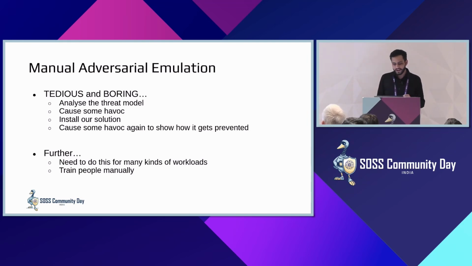And the next step would be to showcase. We would cause some havoc on the system, run some commands and break some stuff. And then we would install our solution, KubeArmor or AccuKnox. And then again, we would cause the same kind of havoc and show that, okay, you have our system in place, you are protected now, and so on.